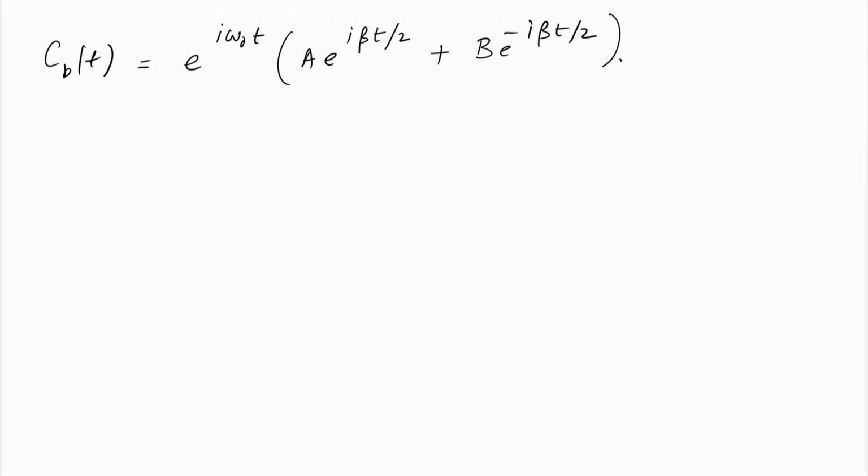We have taken one of the solutions, one can take the other solution also, and so now one uses the initial condition, which is C_b of minus infinity equal to 0.